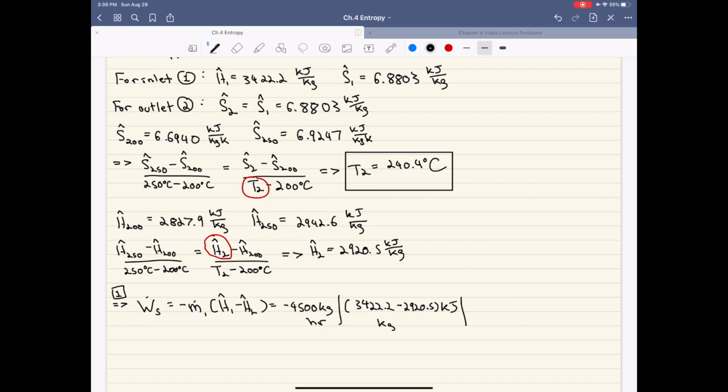And we're going to do a little bit of unit conversion to turn this into kilowatts. So our final answer is negative 627.1 kilowatts. Okay? And so this is the shaft work for the case when Sgen is equal to 0, or otherwise known, this is the maximum shaft work that can be generated by the turbine.